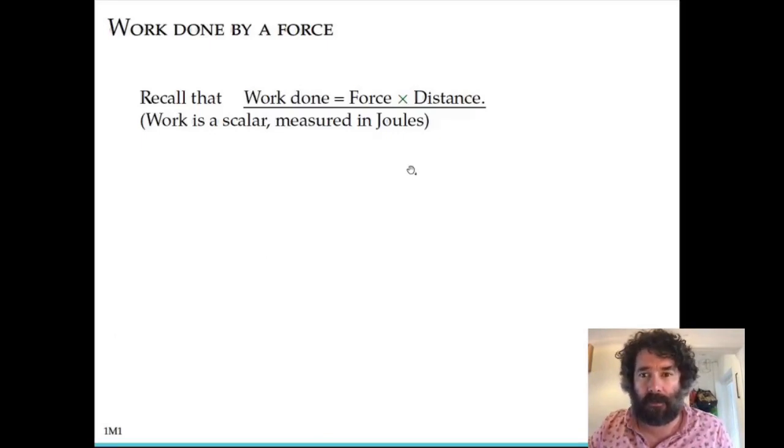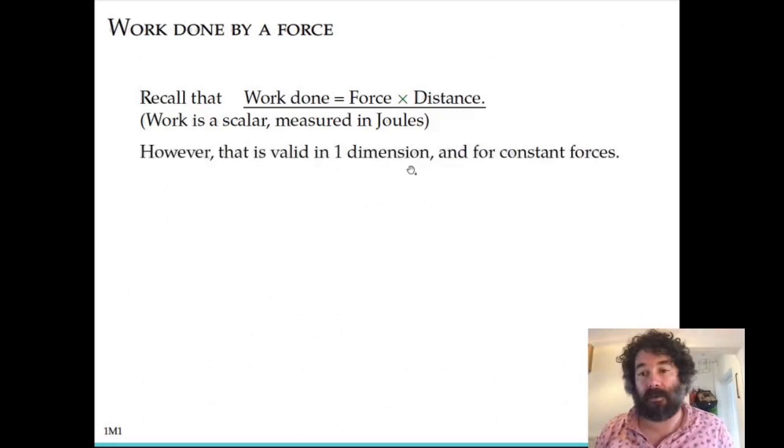So from physics, the work done by a force moving an object is the force times the distance. Right? Work is a scalar quantity. If we're working in a metric system, it's in joules, or Newton meters. All right, so this is the formula in one dimension. You've probably seen it from mechanics courses in the past. This is the formula for one dimension with a constant force.